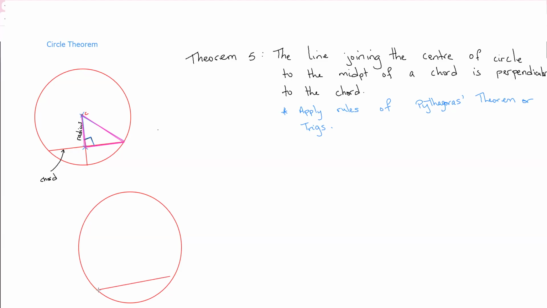If you have a chord and two triangles coming off of that chord, one goes to the center of your circle, sitting on the chord, and another is sitting on the same chord but going to the circumference.